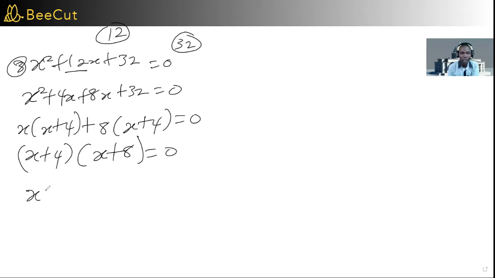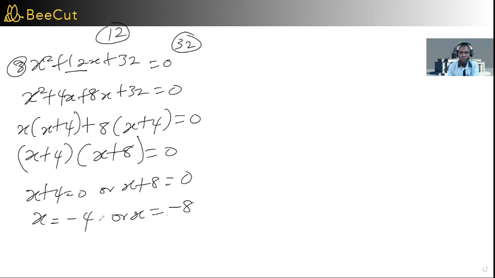So I can say x plus 4 equals 0 or x plus 8 equals 0. So with that, I have x equals minus 4 or x equals minus 8. When it crosses the equation sign, it changes the sign from positive to negative. So you can say x equals minus 4 or minus 8.